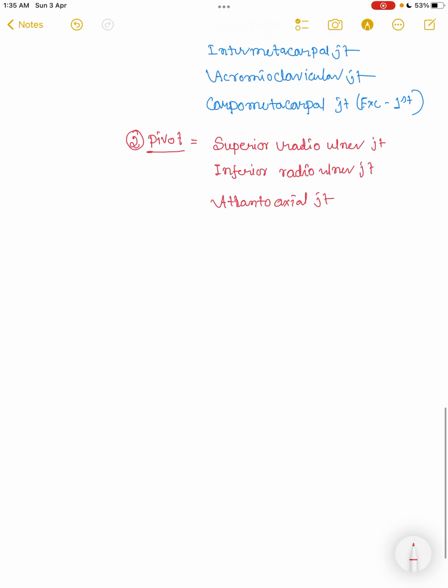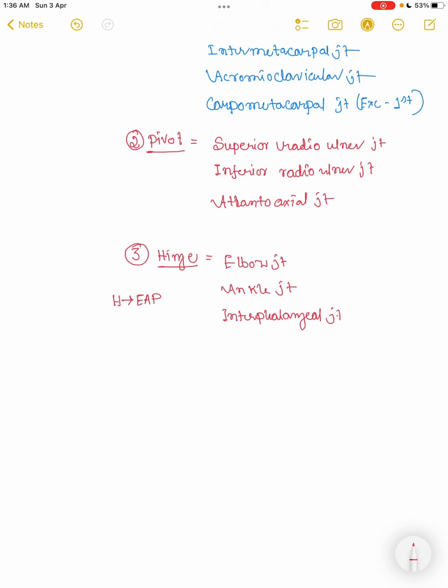Next, the third is the hinge joint, and for this my mnemonic is HIP. E for elbow joint, A for ankle joint, and P for interphalangeal joint. Okay.